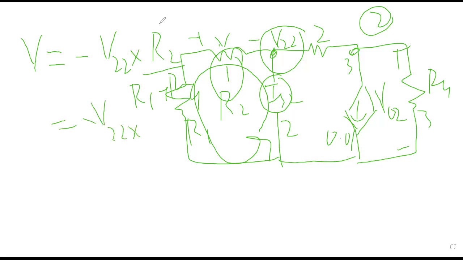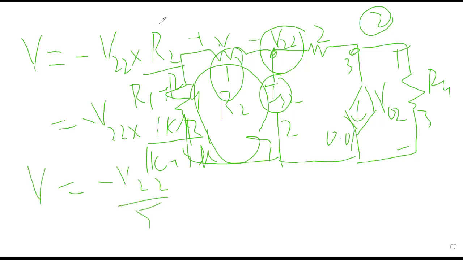The R2 value we know is 1 kilo ohm. R1 is 1 kilo plus 4, I think 4 kilo, yes. So it must be minus, 4 plus 1, so it must be 5. So smaller v equals minus V22 divided by 5.